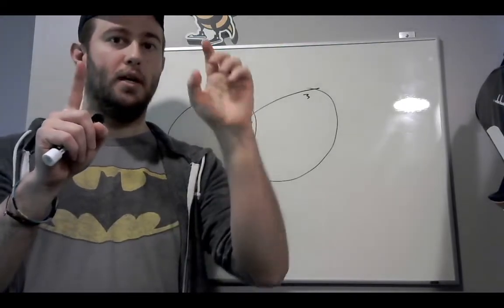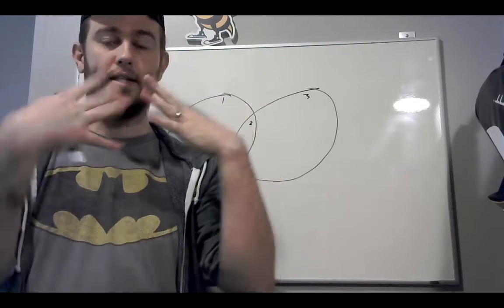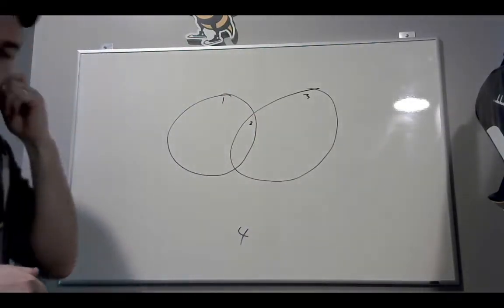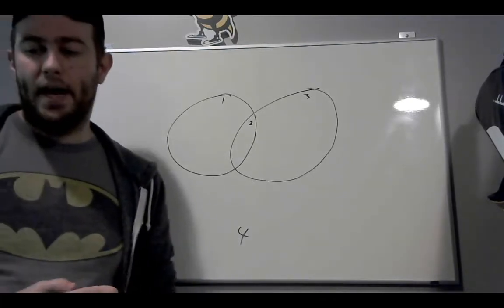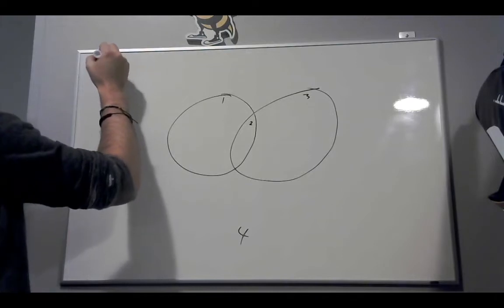Because it's either going to be a yes and a yes, a no and a no, a no and a yes. That's 4 different things. It's either you do it or you don't. So in this example, we have a large high school where 54% are girls.